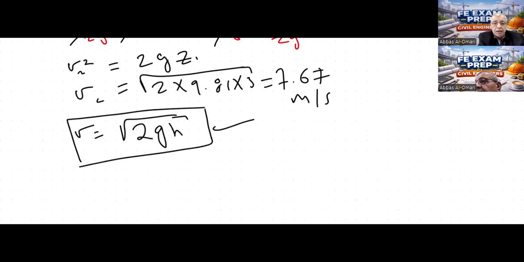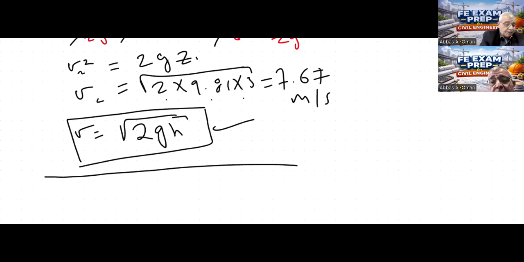This is just to save time. So a quick formula, this applies to a reservoir where there's a water surface exposed to the atmosphere, and the water also exits to the atmosphere at the orifice. So you can simply apply the square root of 2gh.